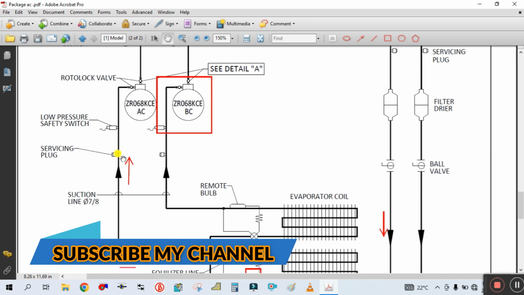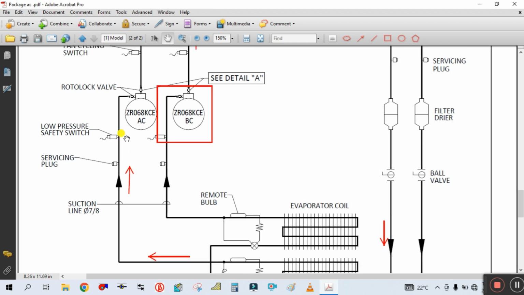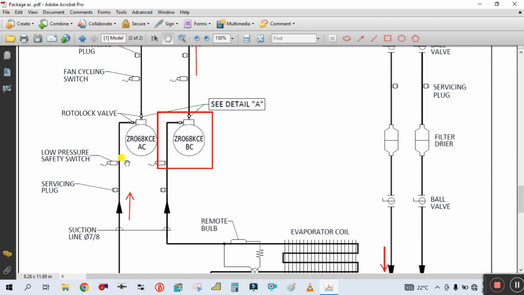So here in this suction line, the refrigerant is in vapor phase, but the temperature and pressure are low. The refrigerant entering this compressor should always be in vapor condition, because if liquid enters this compressor, it will be damaged.